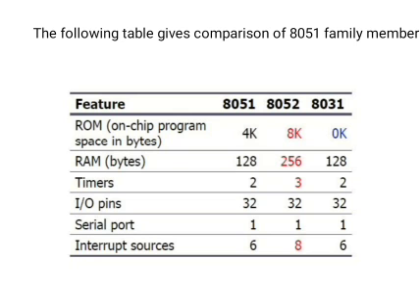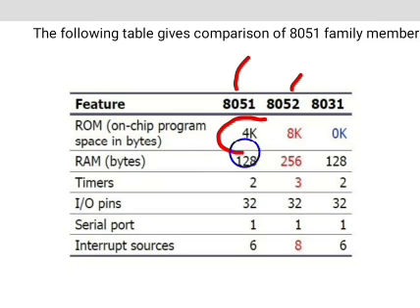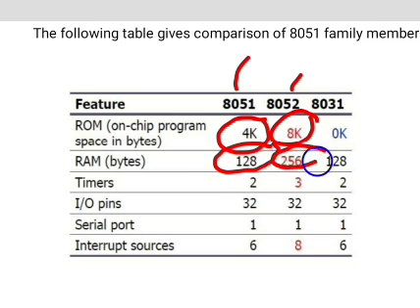But what is the difference between the 8051 and 8052? That means comparison with the 8052. The 8051 has 4 kilobytes onboard ROM. The 8052 has 8 kilobytes onboard read-only memory. And next, the 8051 has 128 bytes of RAM, but the 8052 has 256 bytes of RAM.